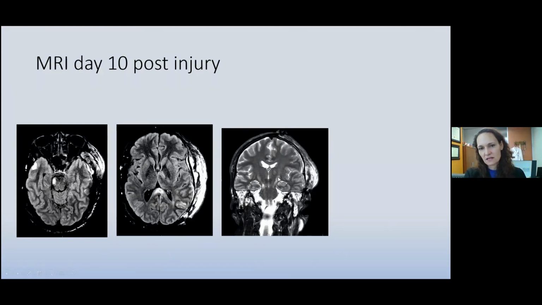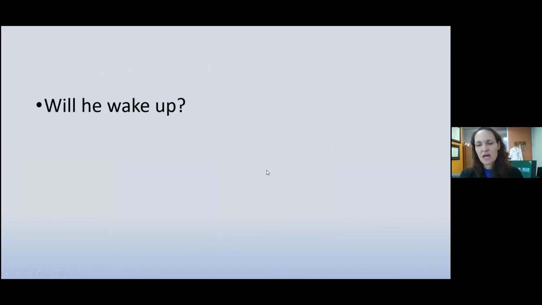This is a T2, and you can see the signal changes in these white matter tracts. This is really typical of traumatic axonal injury. And classically, people who have DAI are thought to have a very poor prognosis, that it takes them a very long time to wake up. They're extremely disabled. And for a long time, we thought that they were all going to die or that they were never going to wake up.